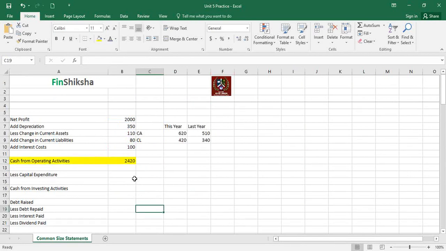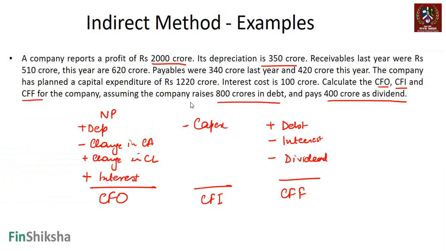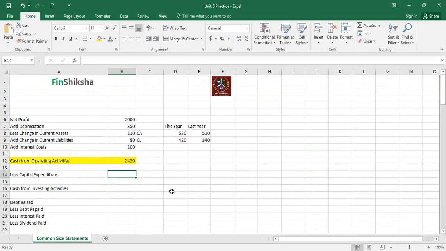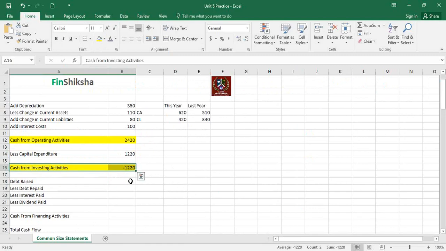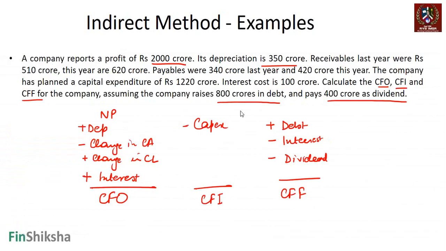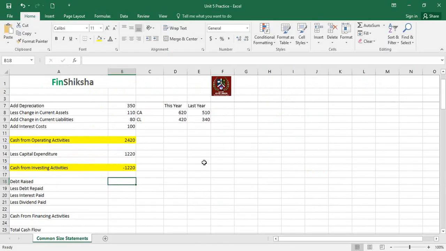We can highlight it. What is the capital expenditure the company is looking at? 1220. So that's 1220. And I'm going to just subtract it. That's the negative cash from investing activities because money will go out. Correct? What is the debt raised by the company? So the company raises 800 crores in debt.